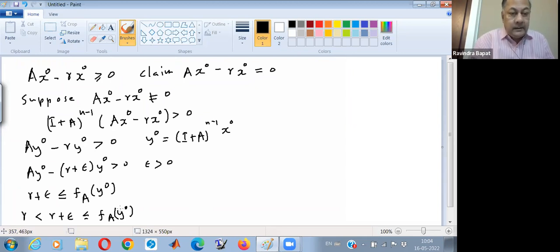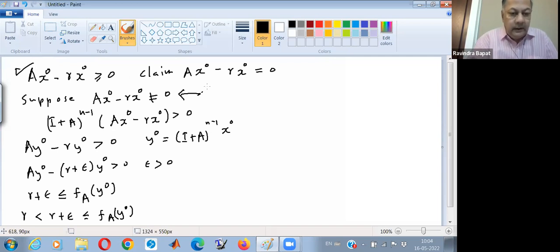Because R was the maximum such value. If you go back to this equation, that we have been seeing earlier also, R is the maximum real number. But here I have shown that R plus epsilon also satisfies the same thing. That's a contradiction, and that contradiction has come because of this assumption. So this is contradicting the maximality of R. If it is not clear, you can just think about it.